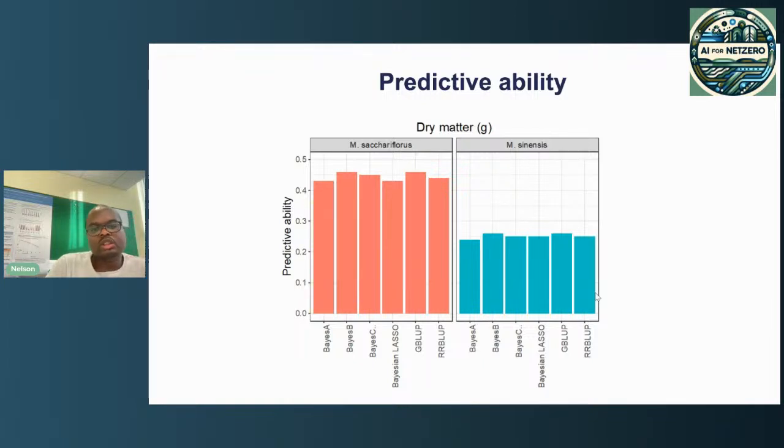And this was attributed to the fact that we had a much larger training population for the Saclophorus compared to the Sinensis. So the training set size also matters a lot, because when you have a bigger training set, it means that you have more individuals, and the model can get more information from the training set compared to if you only have a few individuals to train your model. Next slide.